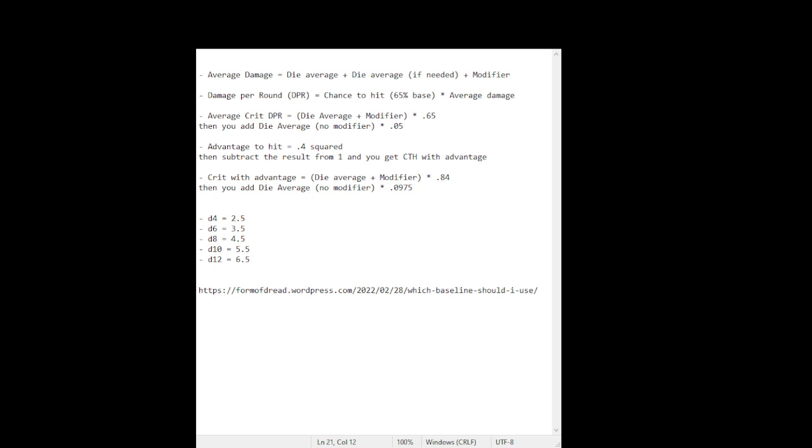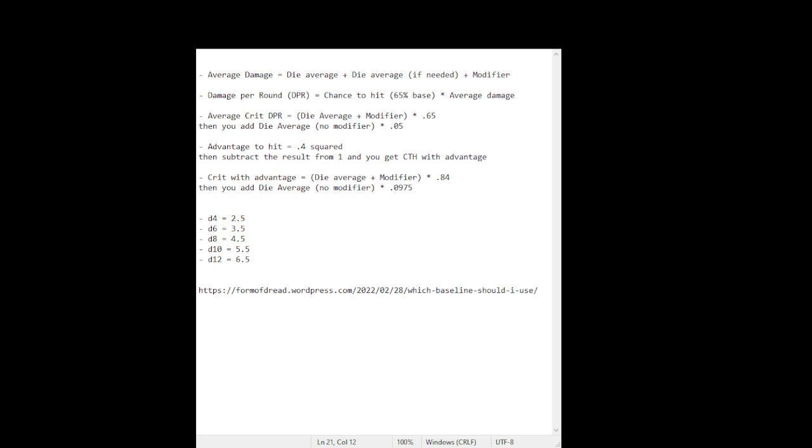So, because sharpshooter and crossbow expert make you subtract 5 to your hit, that means you just take 0.05, multiply it by 5, you get 0.25, or 25%. So, you just take 65%, subtract 25%, you get 40.